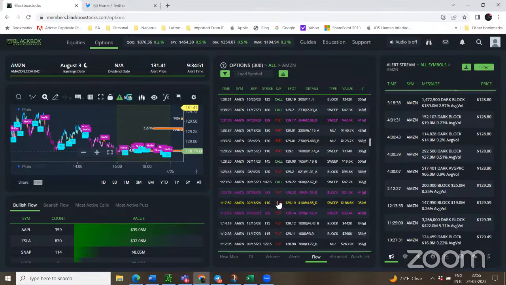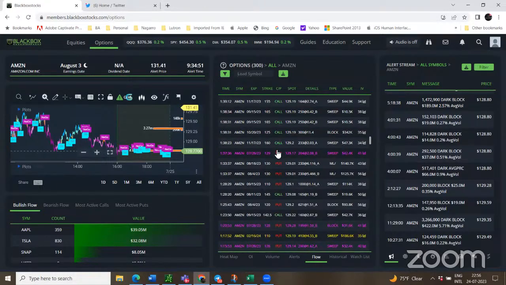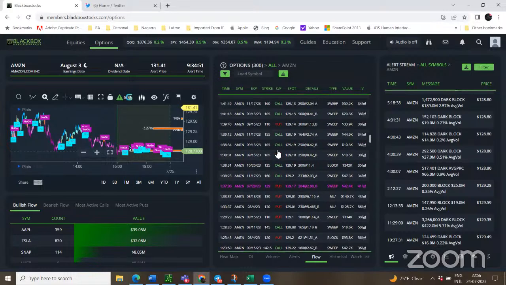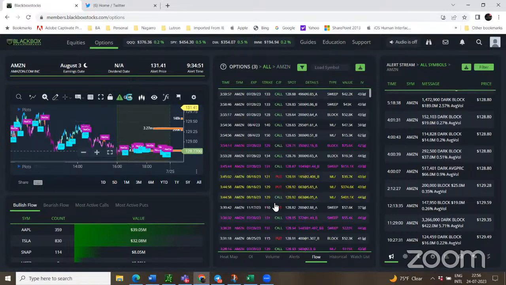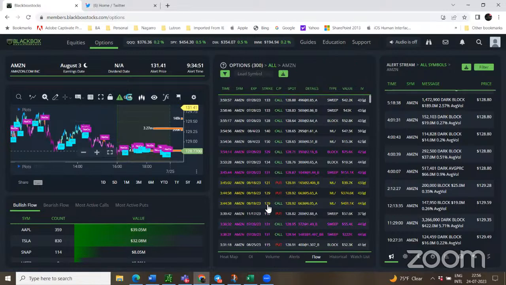They are selling the puts of 128. $165 calls, 915, not a significant number. This is a spread, 344.